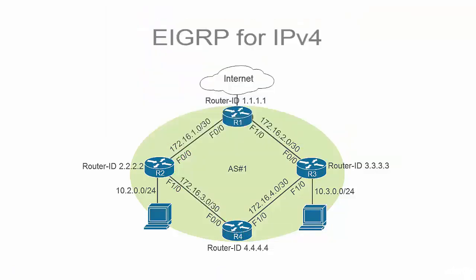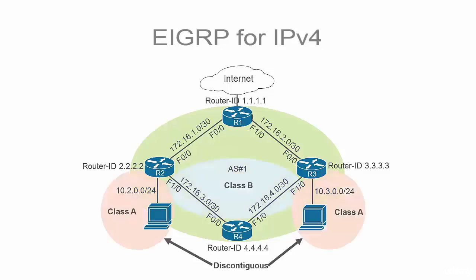One more thing to show you here with EIGRP. I want to show you the effects of having auto summary enabled on our router. So since we have what's called discontinuous networks here, which means that we don't have the same classful networks throughout the whole topology. So for example, the 10 dot networks sitting off of R2 and R3 are part of a class A classful network, while the networks between R2, R4, and R3 are part of class B networks.